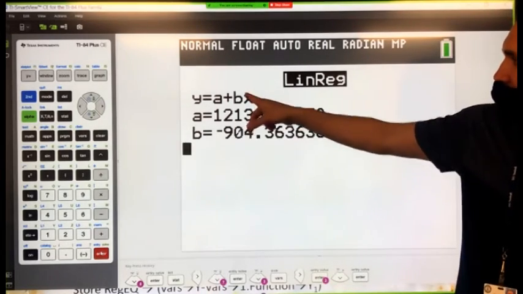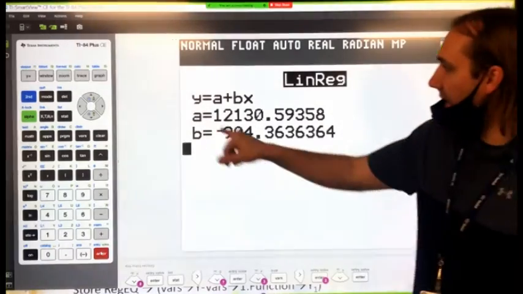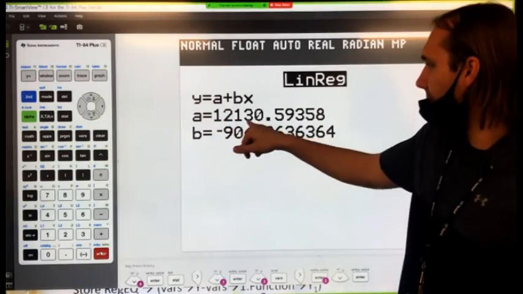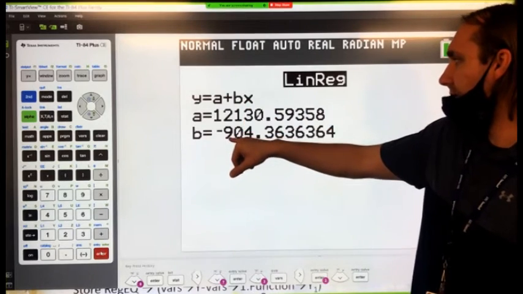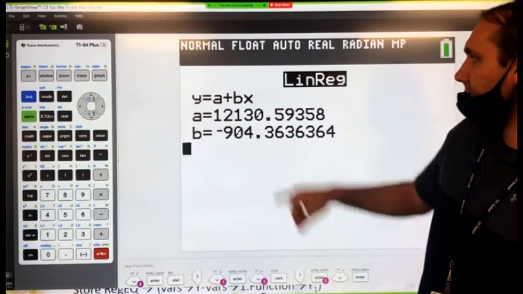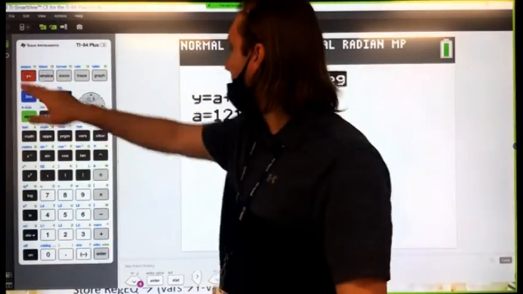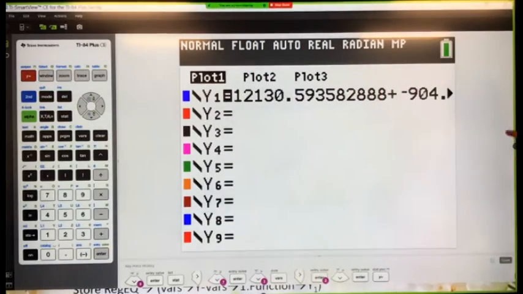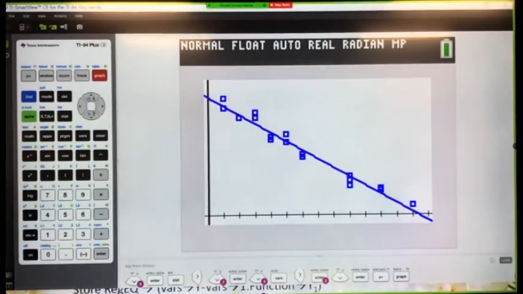I have a negative slope here with my x. So my regression line is a of 12,130.6 plus negative 904 x. And if I go into y equals, notice how it put that there for me. If I go to graph, there is my regression line.